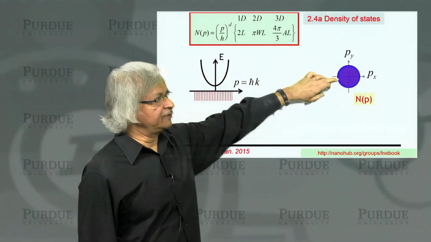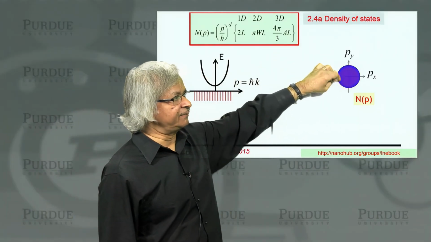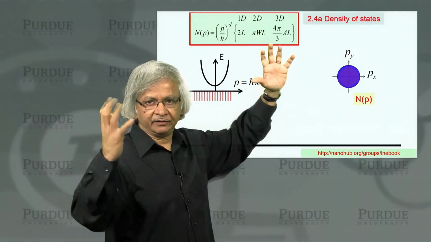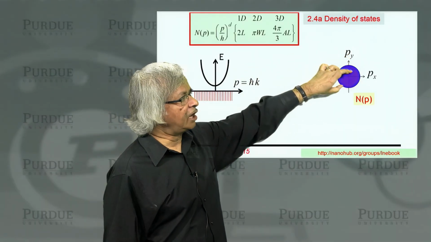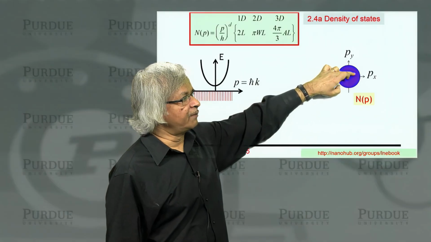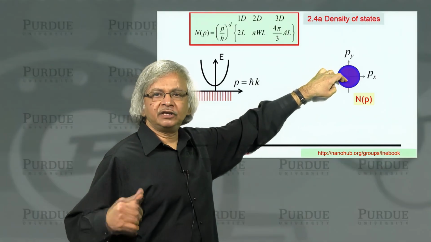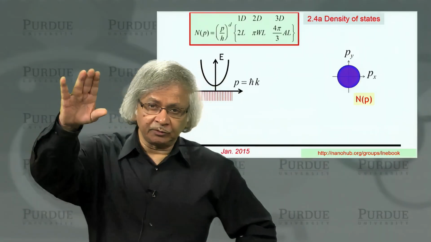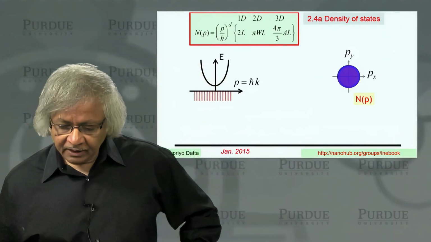So as if in momentum space you consider something like a circle or a sphere, a circle in 2 dimensions, sphere in 3 dimensions, and you look at how many values of momentum in here are actually allowed using this periodic boundary conditions. So that's what we did in the last lecture.